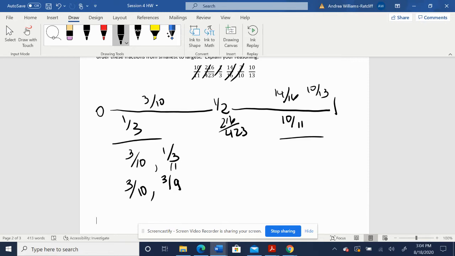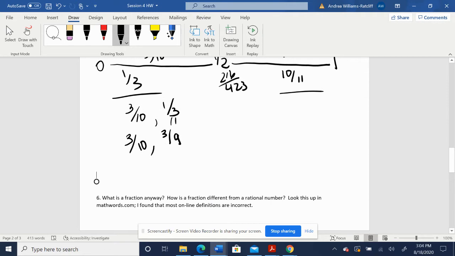If we took our thirds and we split them into thirds, we would have 1/3 shaded in 3/9 particularly. So now let's try to compare these. 3 pieces that are 1/10 each, or 3 pieces that are 1/9 each. How would they compare in value?